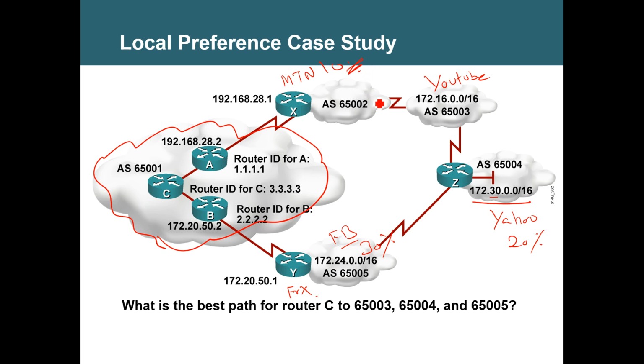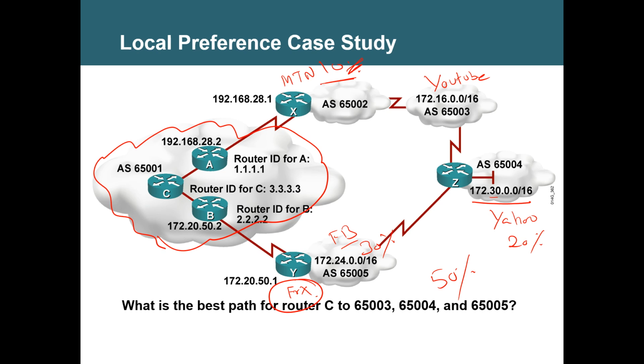So what we see here is an imbalance. The amount of traffic that uses French X is 50%, whereas to MTN Global it is only 10%.